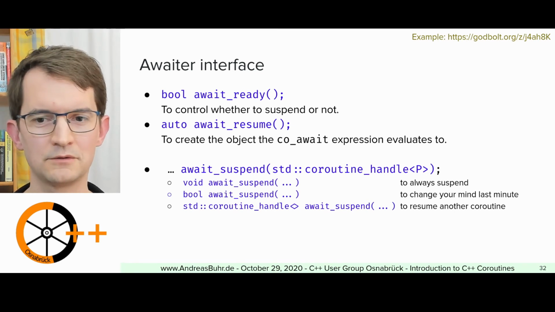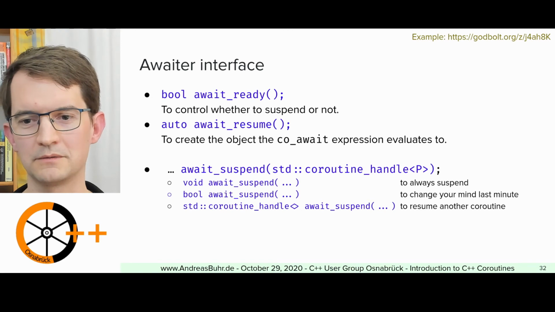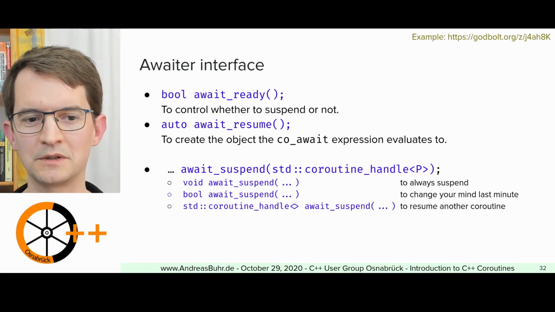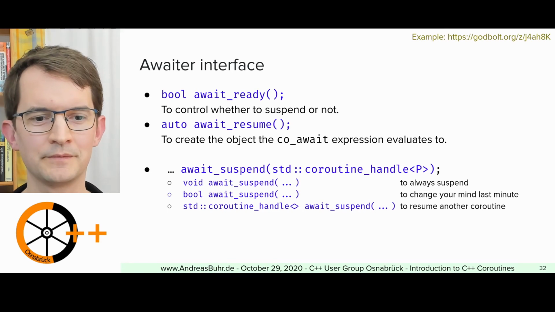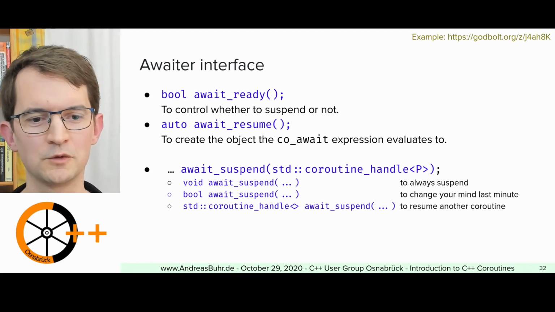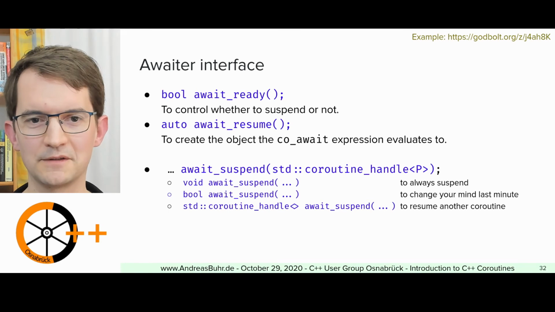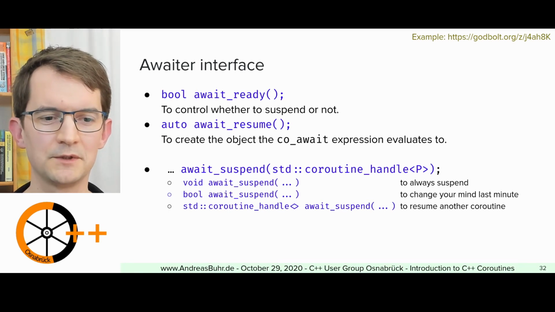Another thread can resume it and run from that suspension point to the next suspension point. So this is possible. If you resume it from multiple threads at the same time, you get undefined behavior.